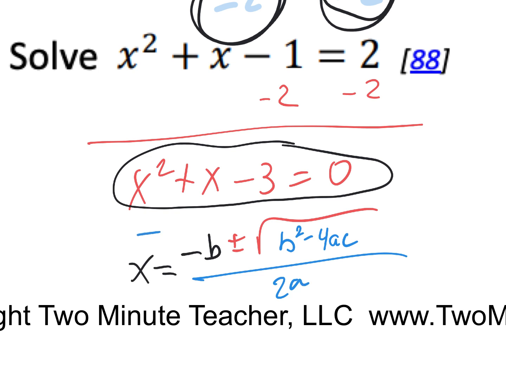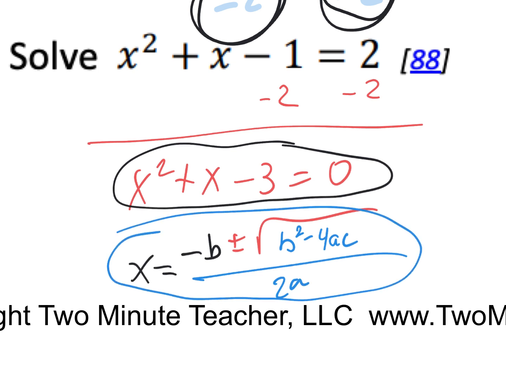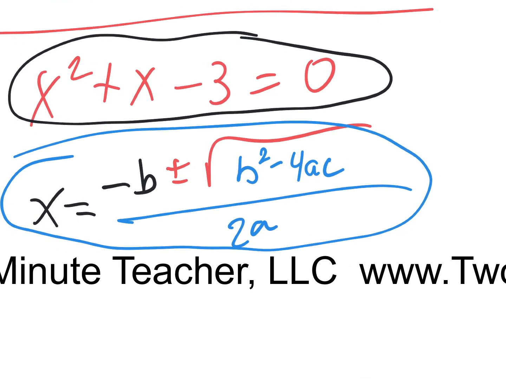That's it. So I think one kid had the formula memorized. The rest of you, you've probably seen it before, but it wasn't on the top of your mind. Now it's on the top of your mind. X equals negative b plus or minus square root b squared minus 4ac all over 2a.